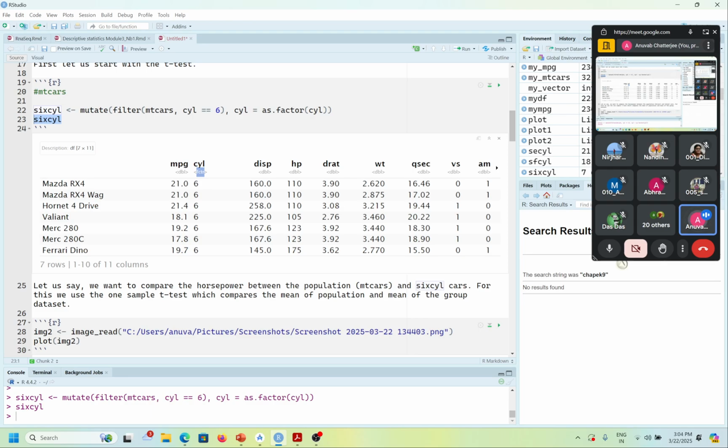You have been able to make a six-cylinder data set? You can put up a thumbs up if you have been able to do this. Yes, sir. Okay.